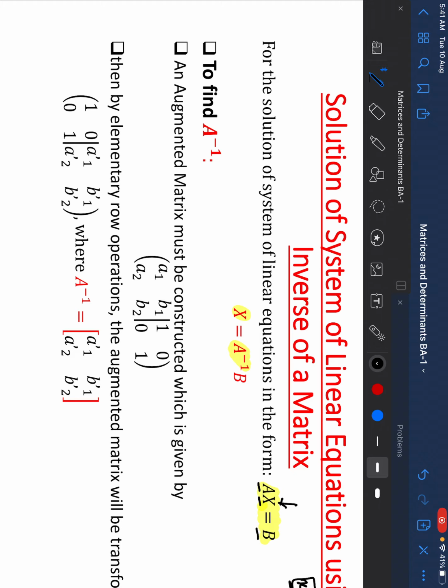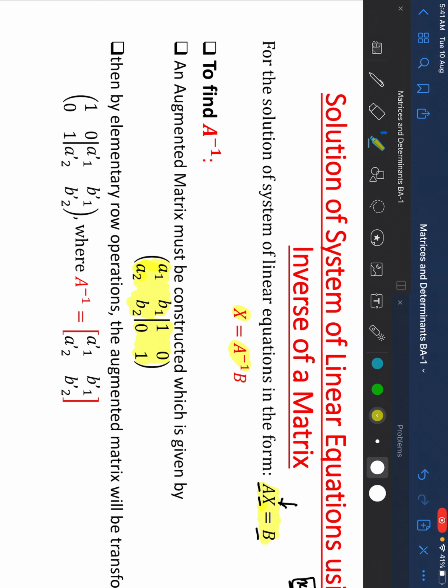How to find that? In order to find A inverse, the first thing we need to do is create an augmented matrix. The augmented matrix is constructed like this. First you write the elements of matrix A, then you put a slash and write the identity matrix of order 2, [1 0; 0 1].